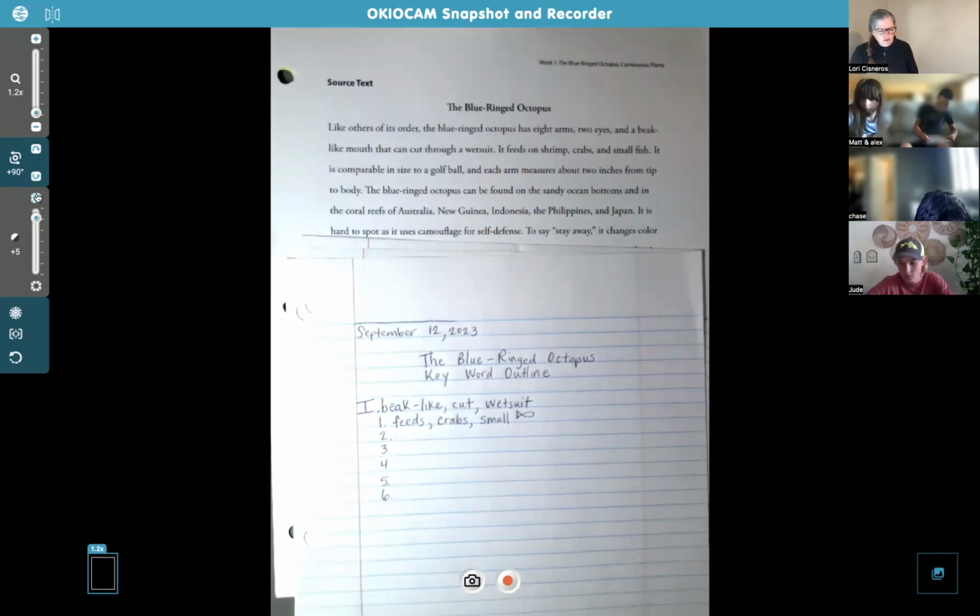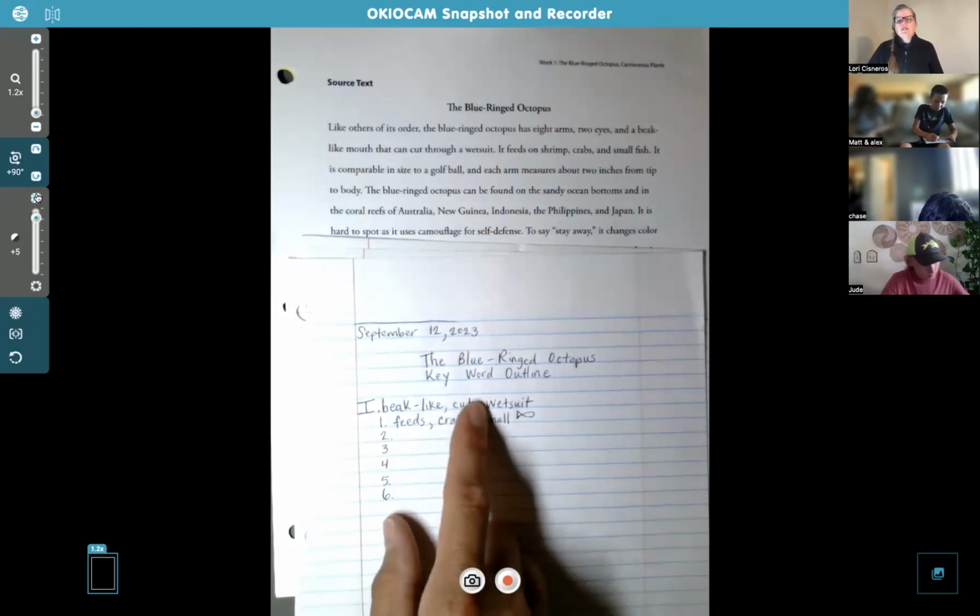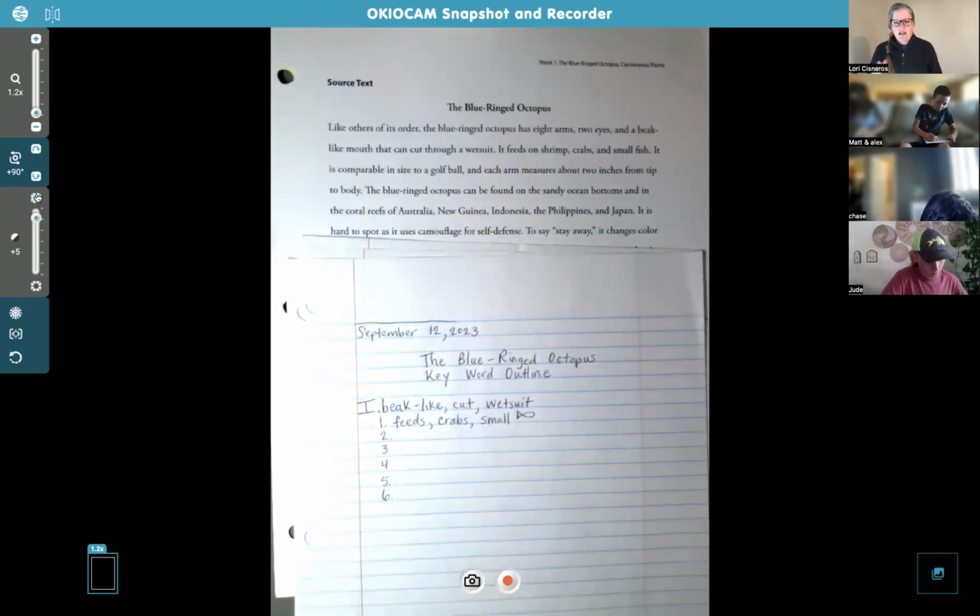And just a refresher, last week we talked about keywords in a sentence. Those are the most important words in the sentence because the goal is to be able to retell this story by only using your keyword outline. It's kind of a challenge, okay?